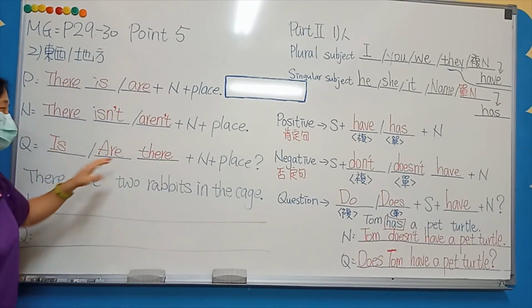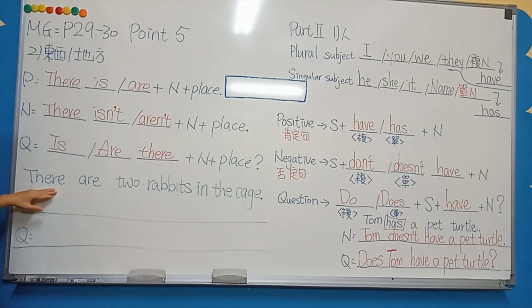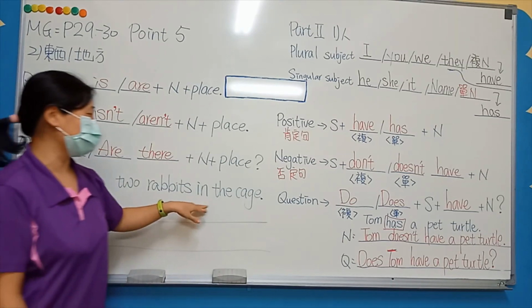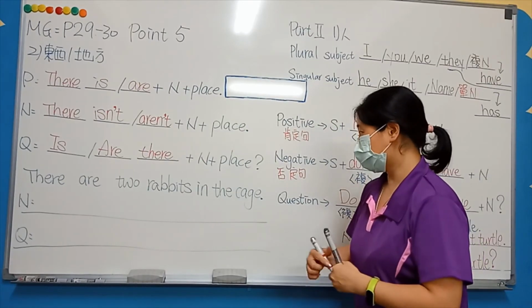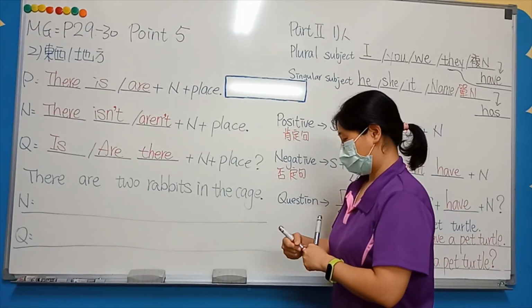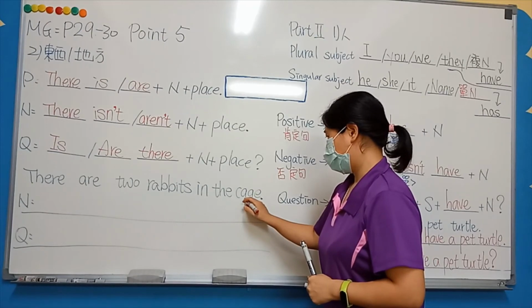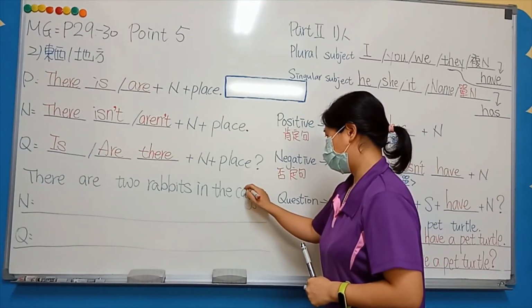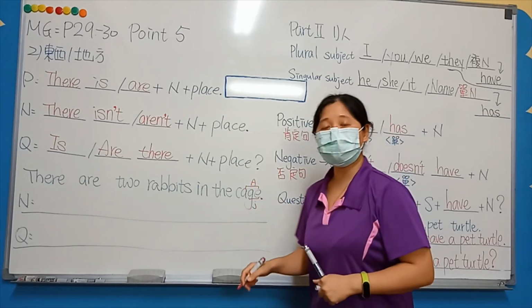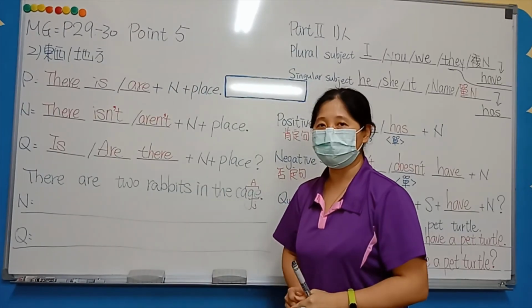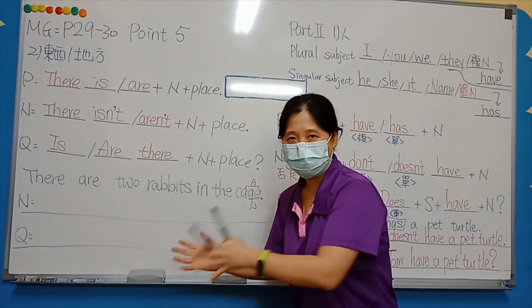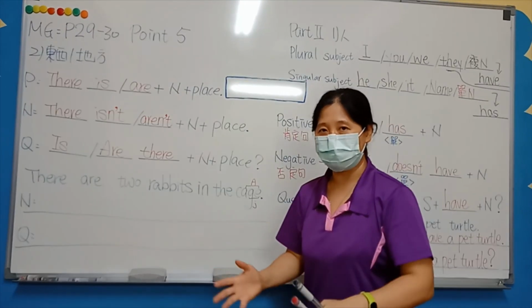Just a sentence like this, okay? So, now you can see an example. Example, let you practice. There are 2 rabbits in the cage. Eh? What is cage? Huh? Do you remember what a cage is? You will put the dog in the cage, rabbit in the cage, cat in the cage.